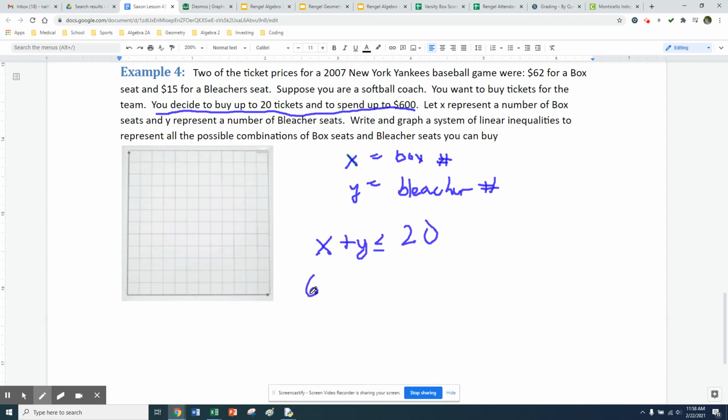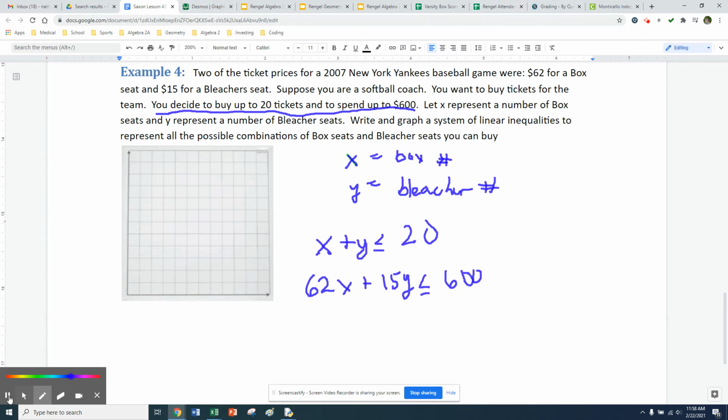And then 62X plus 15Y has to stay less than or equal to 600. So those are our 2 limitations that we have. And the 62 would be the cost of the box seats, and then the 15Y would be the cost of the bleacher seats.